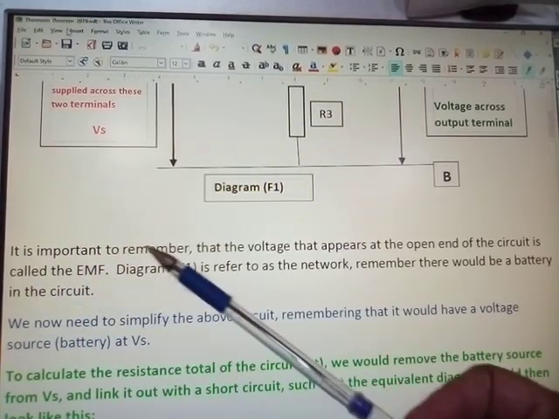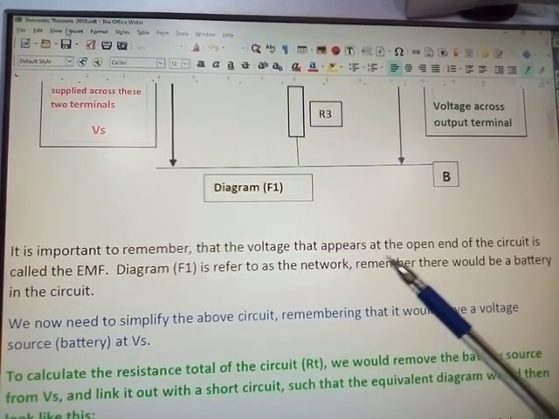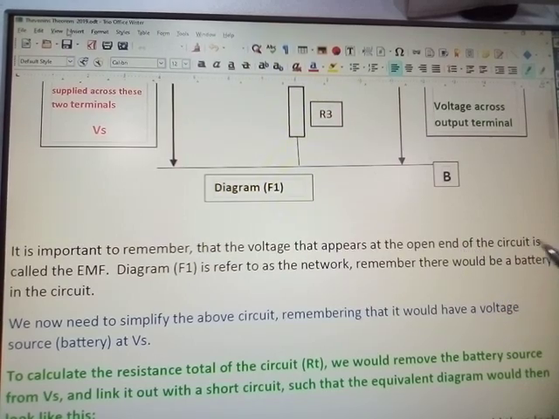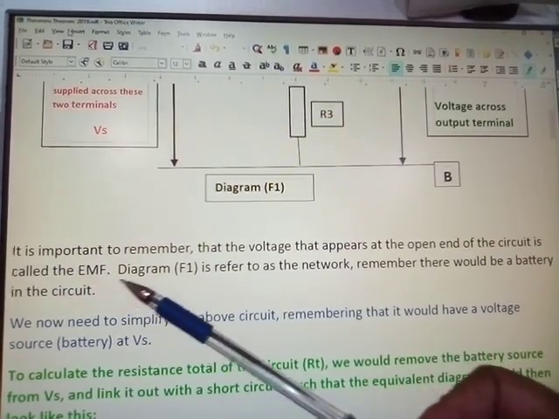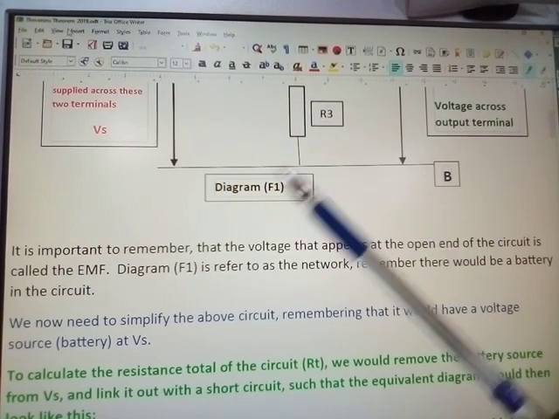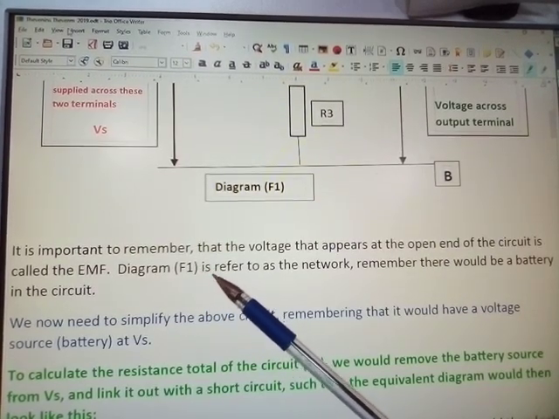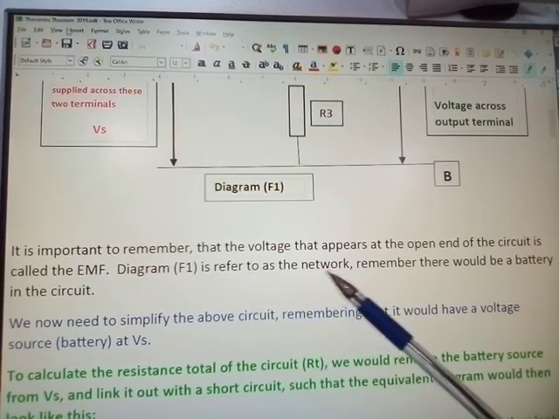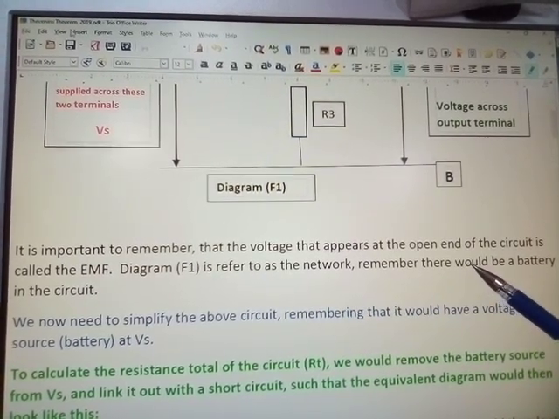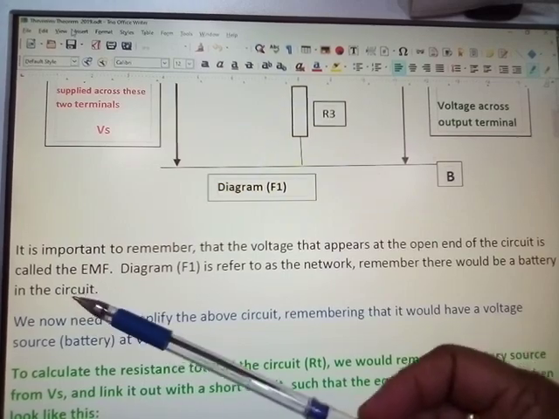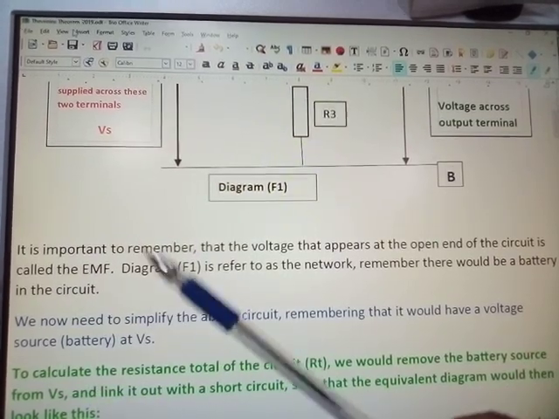It is important to remember that the voltage that appears at the open end of the circuit is called the EMF, diagram F1. Feel free to go back to diagram F1 anytime you like, it is your choice. It is referred to as the network. Remember, there would be a battery in the circuit or some source of supply.